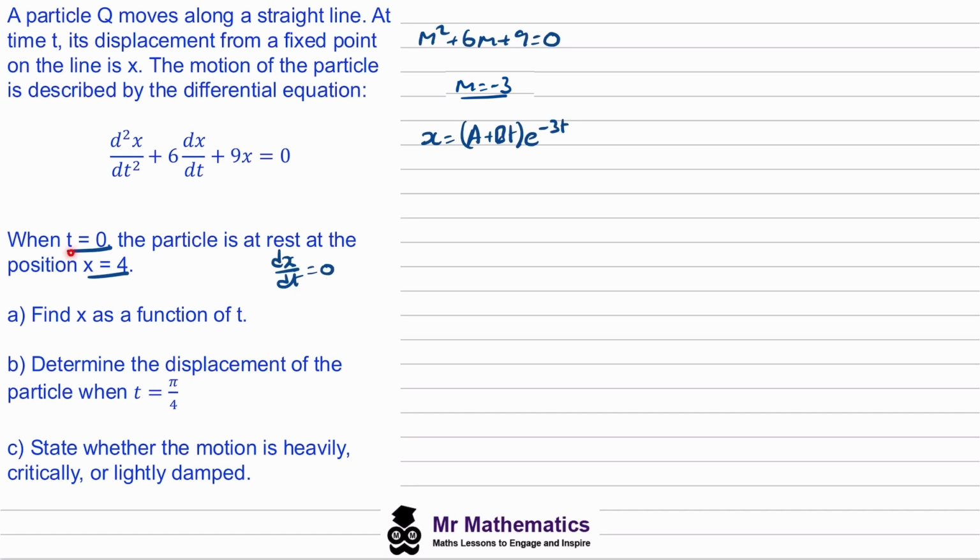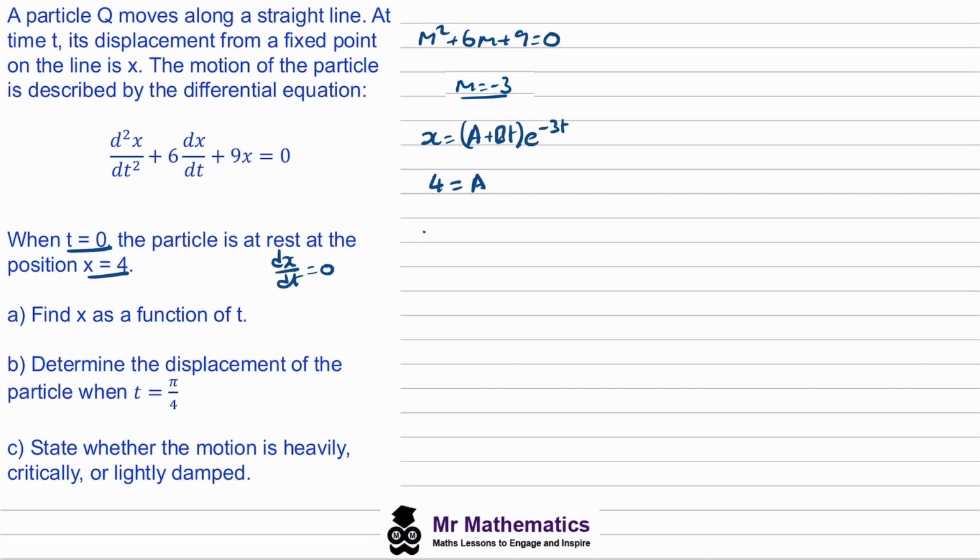If we begin with t equals 0 and x equals 4, then 4 will equal a. This term will become 0, and this term will become 1. So 4 will equal a. And then we need to work out dx by dt and set this equal to 0.